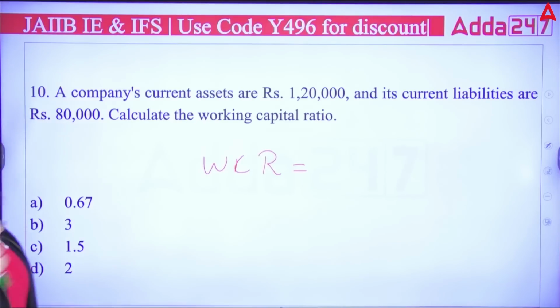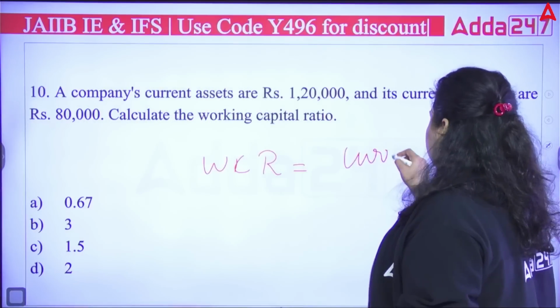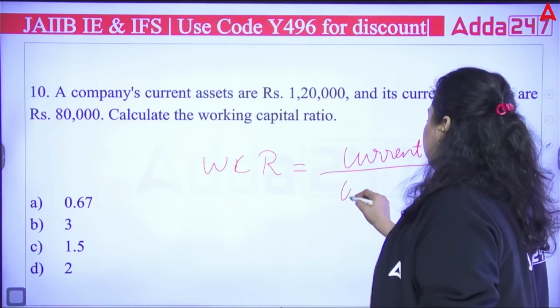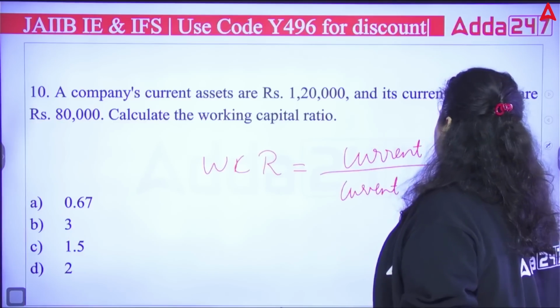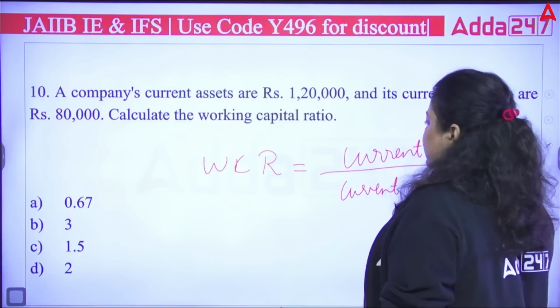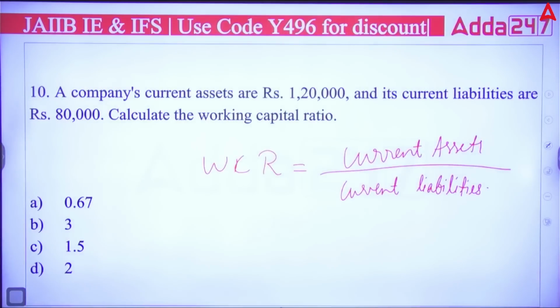Simply the current assets divided by the current liabilities. That is known as your working capital ratio. So the current asset we have is 1,20,000.